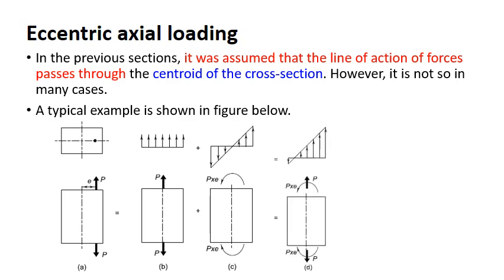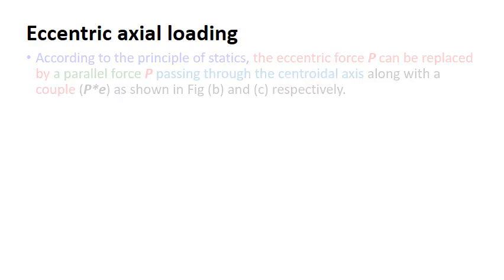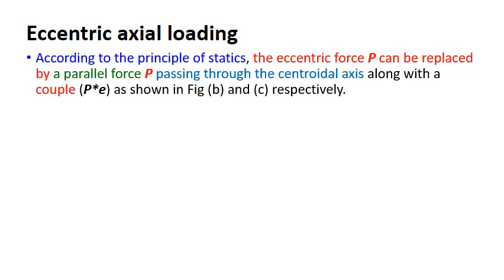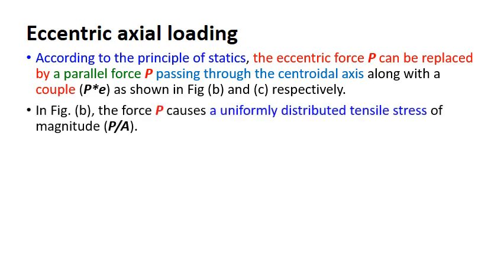What will happen to the stress distribution? You just see it, right? The addition of tensile force. I'm replacing this eccentric loading with a couple moment and an axial force, and accordingly the stress distribution changes. Now what is the total stress in this case? The eccentric force P can be replaced by a parallel force P passing through the centroidal axis along with a couple Pe.